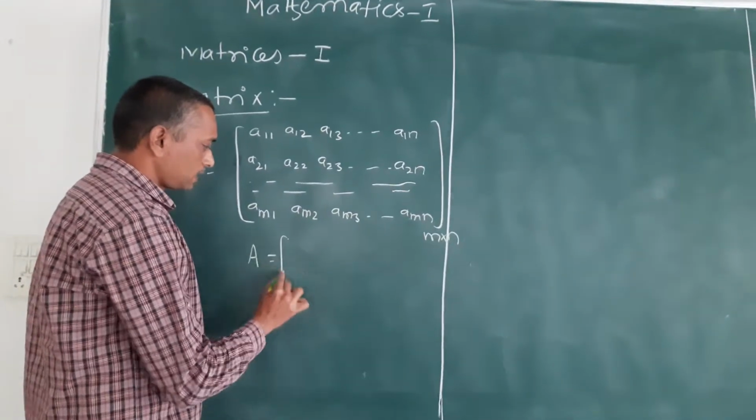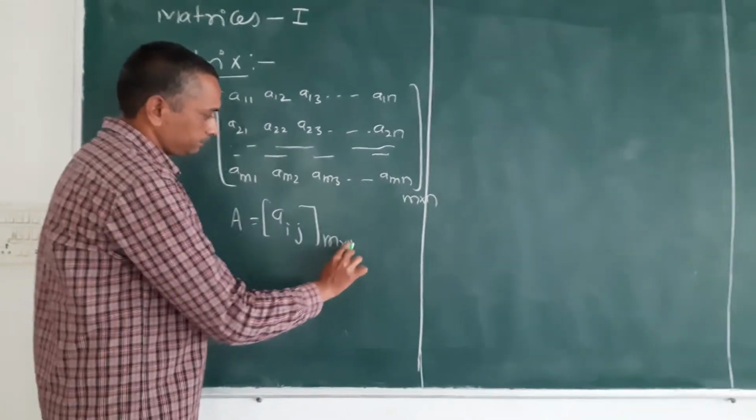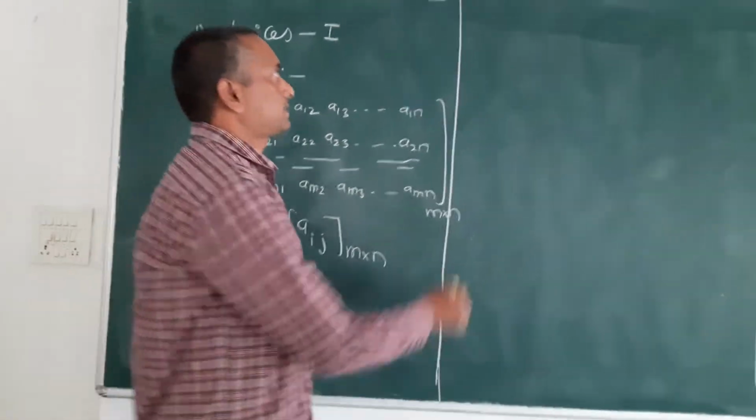Matrices is represented like this one: A is an m by n matrix. Next, types of matrices.